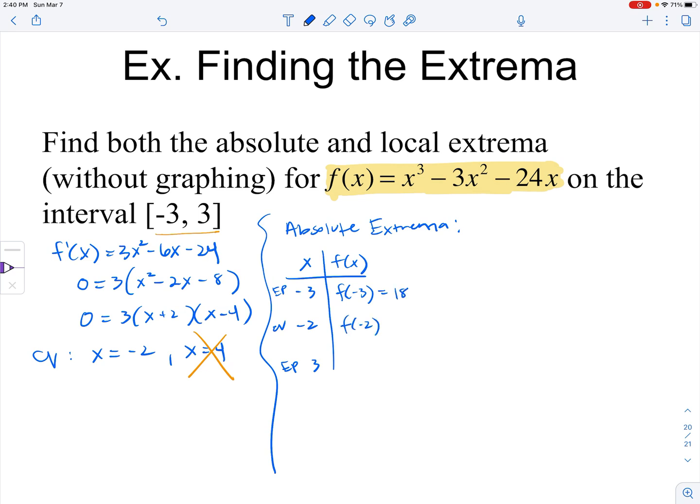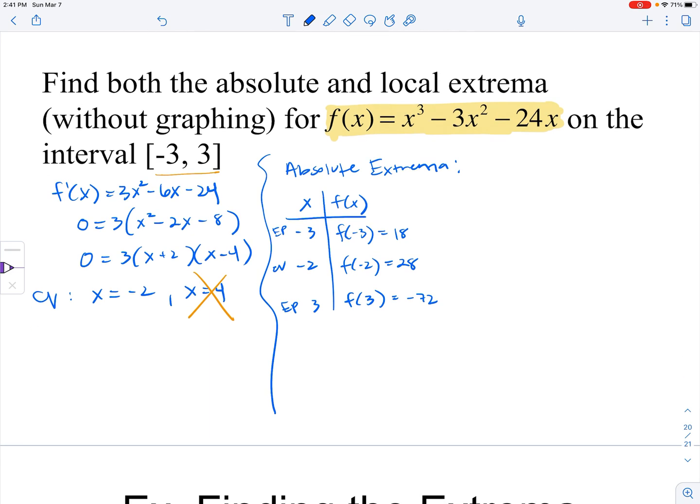So plugging in negative 3, we get 18. Plugging in negative 2, we get 28. And plugging in 3, we get negative 72. So the largest value for the function is 28. So that's the absolute max. And the smallest value is negative 72.